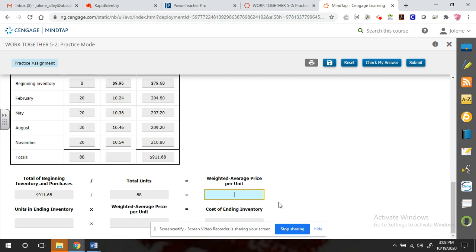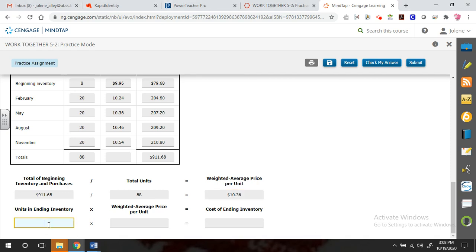So when you divide them, 911.68 divided by 88, you get an average cost of $10.36. Average cost. So now it says in units in ending inventory.